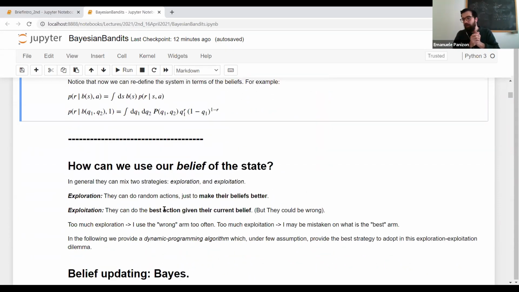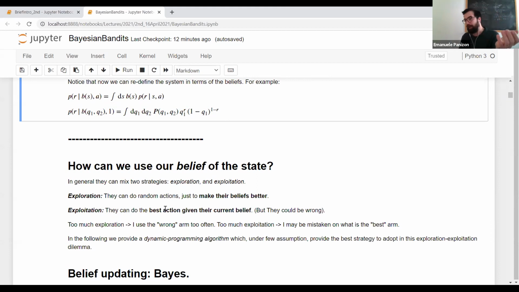Once we are in the belief, now that I have some gut feeling, which is not a gut feeling, it's a mathematical result of what I see, I have a belief of where I am. Now, as always, I have to do two things. I can explore, which means I have some idea of where I am or what my belief is, but I want to make sure that my belief is more accurate to have a better understanding of where to go afterwards.